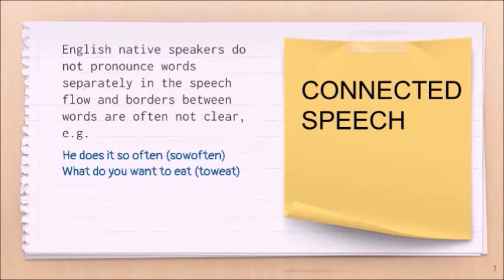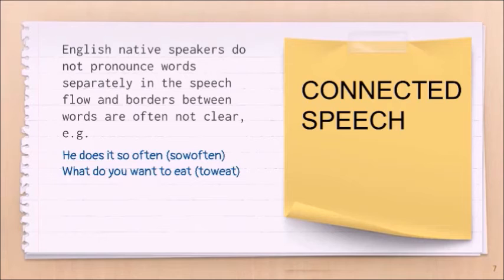That is the reason why even advanced learners might struggle with listening. For example, he does it so often. What do you want to eat? I'm not going to dive into this topic since there are several good videos. Find the links below.